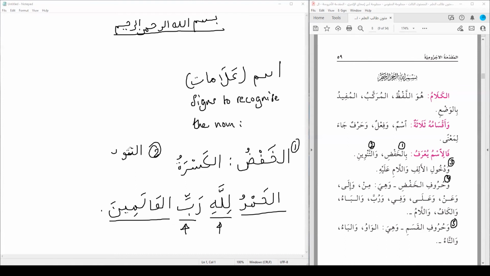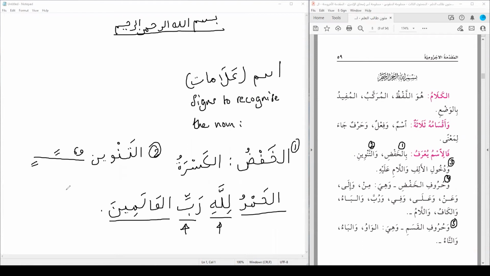At-tanween is dammatain, two dammas, fathatain, two fathas, and kasratain, two kasras. So if we find on the end of a word two dammas, two fathas, or two kasras, this is a sign that that word is a noun.